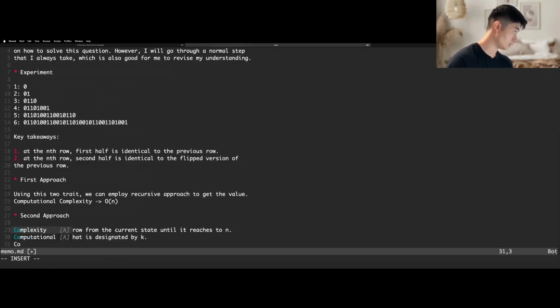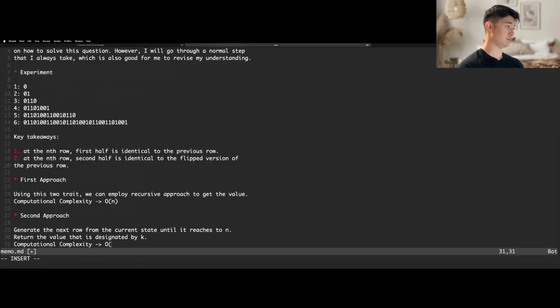Computational complexity equals to, because what you will be doing increases by 2 times.